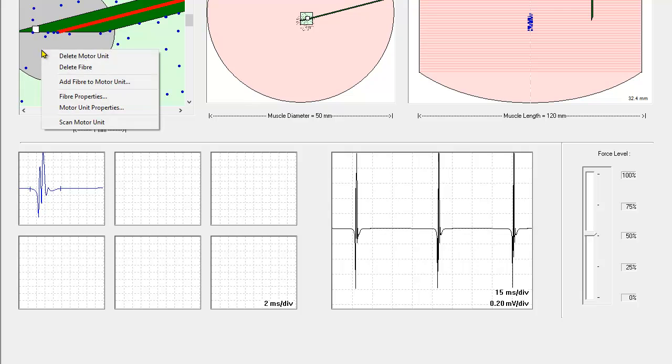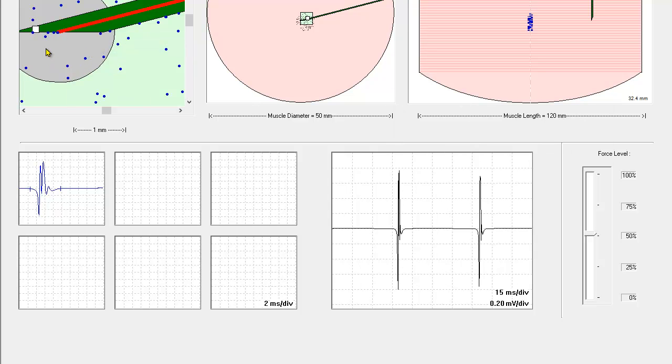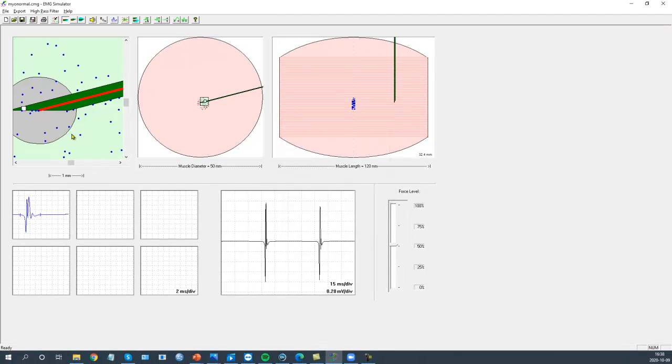I remove this fiber. I remove this fiber. I remove this fiber, and I remove this fiber, and you see that the signal is not getting more complex, rather more simple, and with shorter duration.